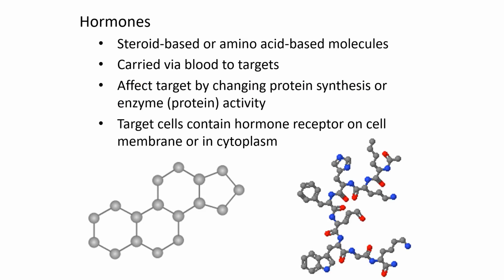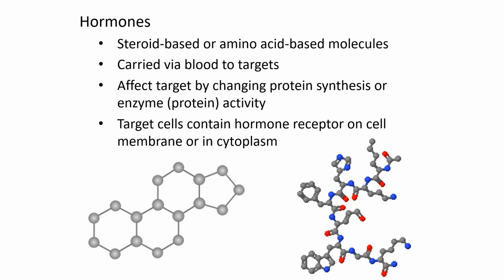All right, so let's talk a little bit about hormones just generally. Hormones can be steroid-based, which just means they consist of steroid, or amino acid-based, which means they consist of amino acids. They're going to be carried via the blood because it is endocrine, it is ductless. They're going to be deposited directly into the blood, and they're going to affect the target by changing protein synthesis or enzyme activity.